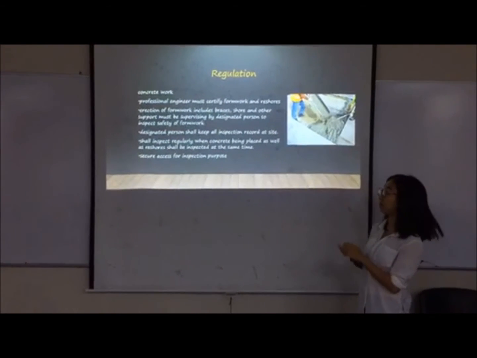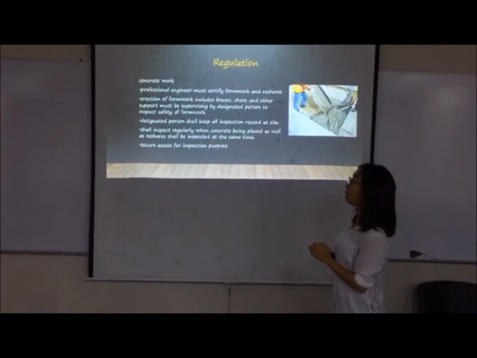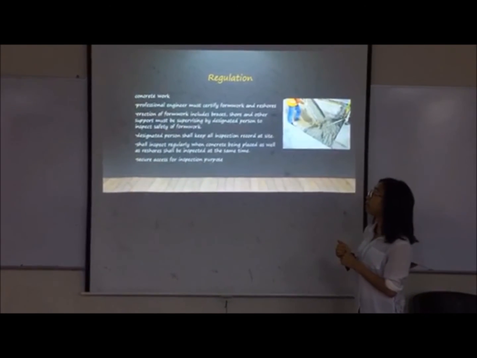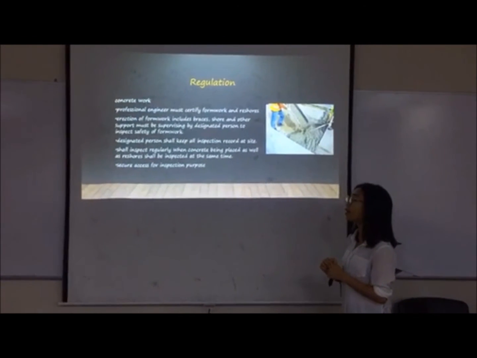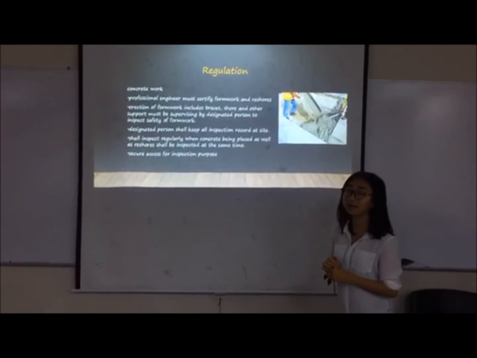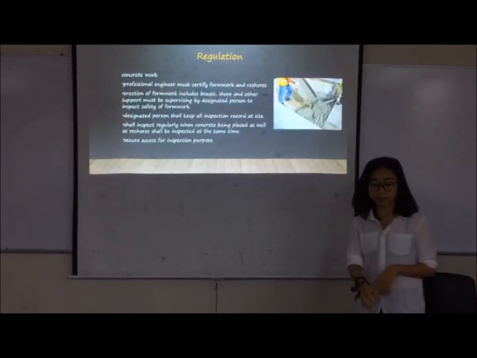The designated person shall keep all inspection records at site. He also shall inspect regularly when concrete is being placed, as well as the threshold at the same time. The secure access must be available for inspection purposes.